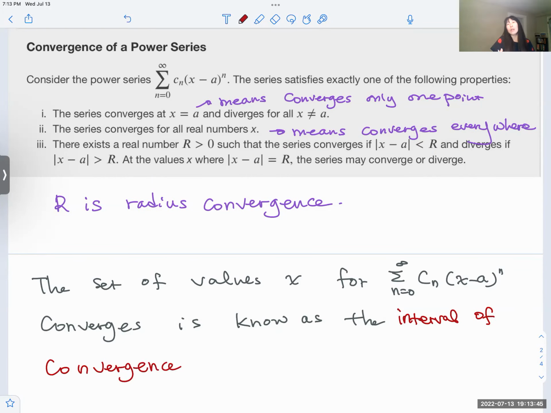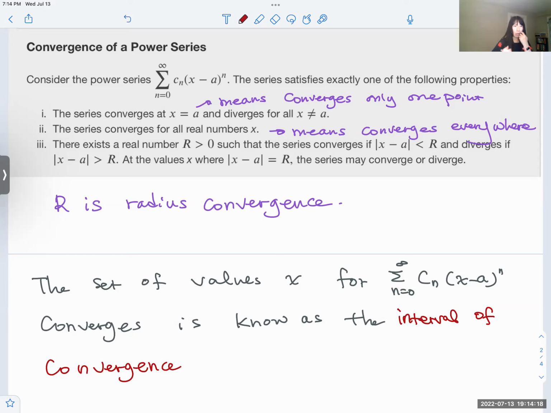From algebra or pre-calculus, or whatever previous courses, an interval has a parenthesis or bracket, parenthesis-bracket, or bracket-parenthesis. That is the interval on the number line, right? So it is the same here too. If there is convergence, what's the interval of convergence? How much do they include as convergence?